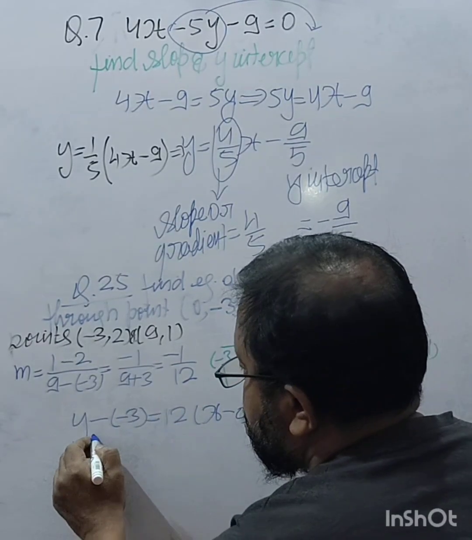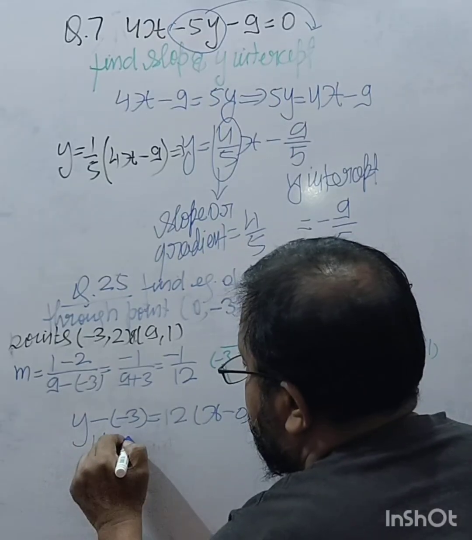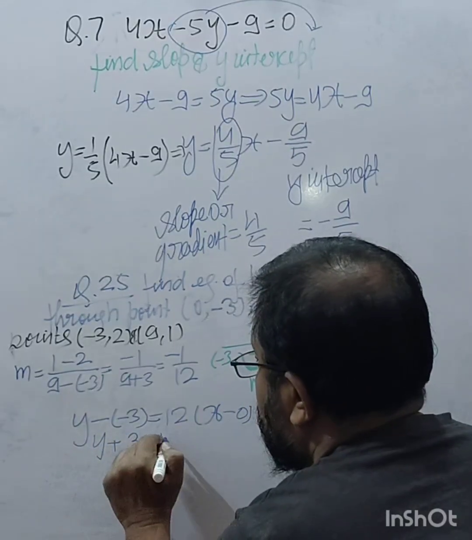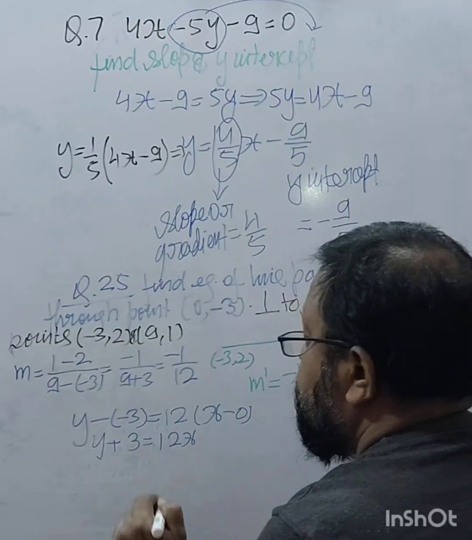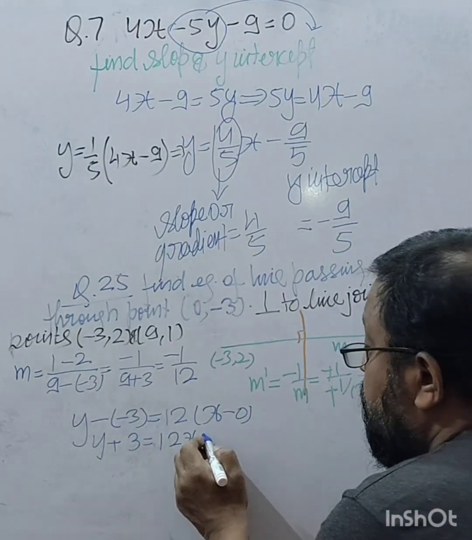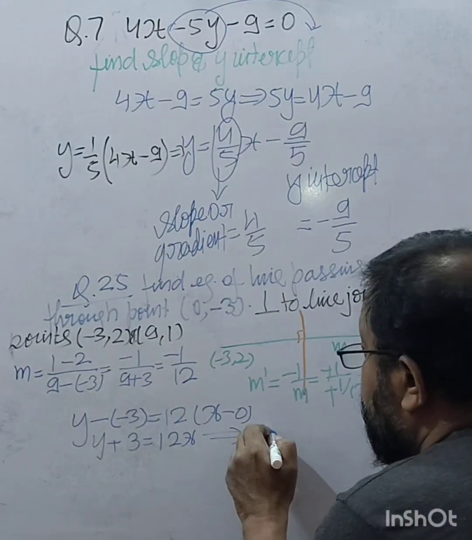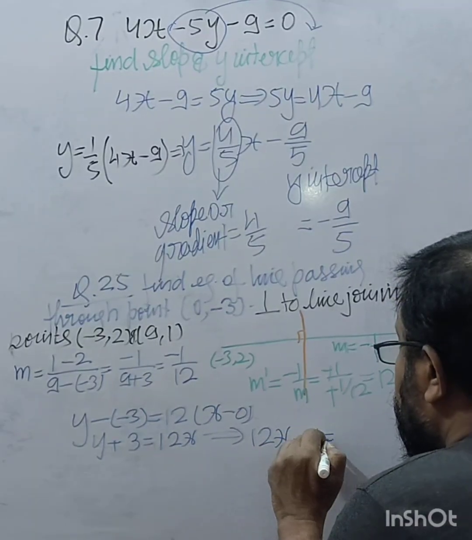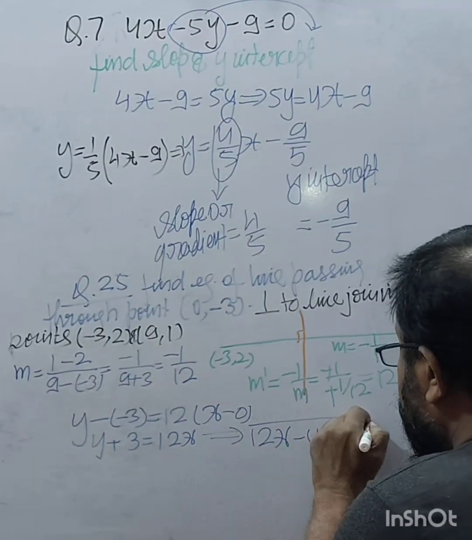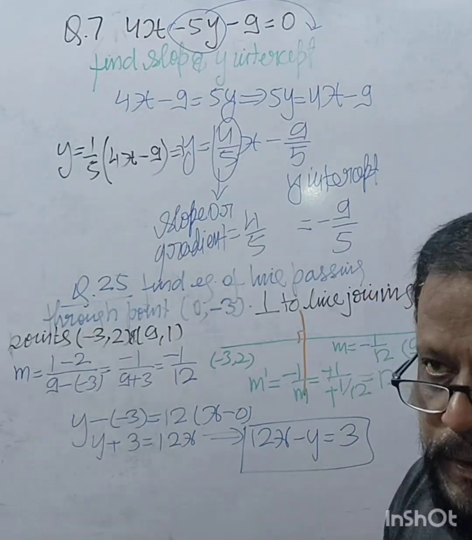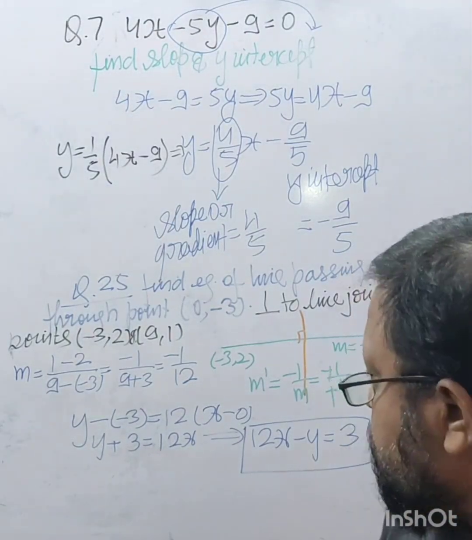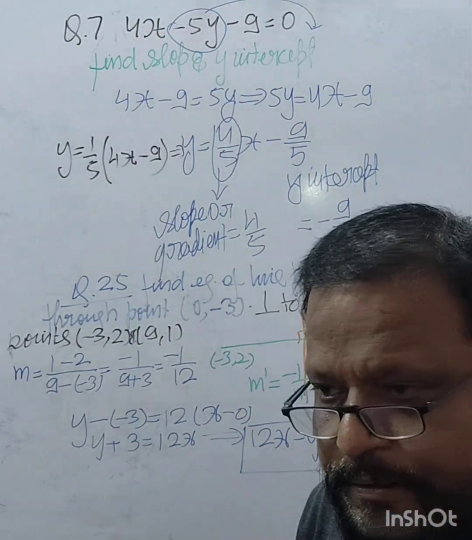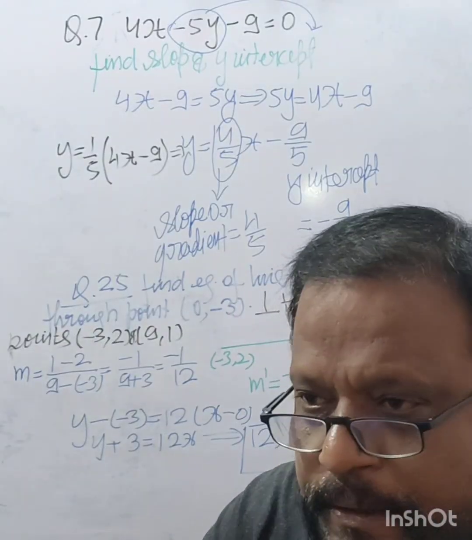So y plus 3 is equal to 12x. Right? So what can you write? 12x minus y is equal to 3. So this is your equation. So this is how you can do this. Right? Done?